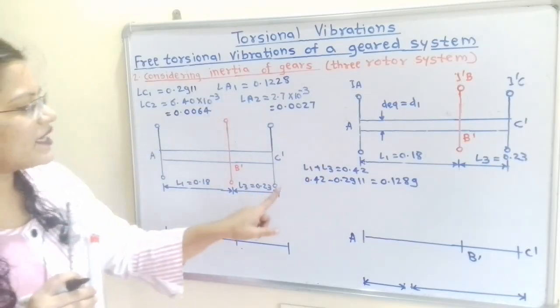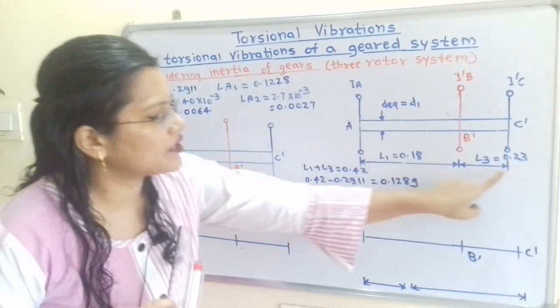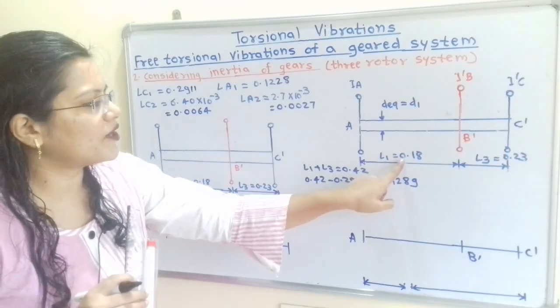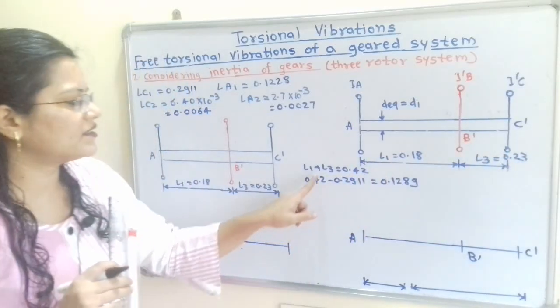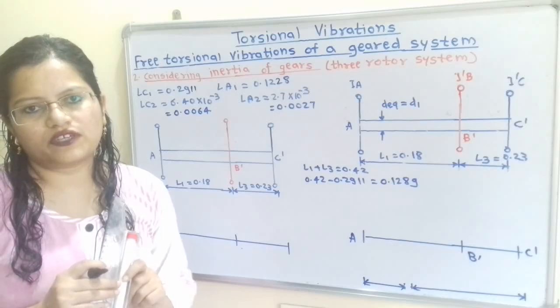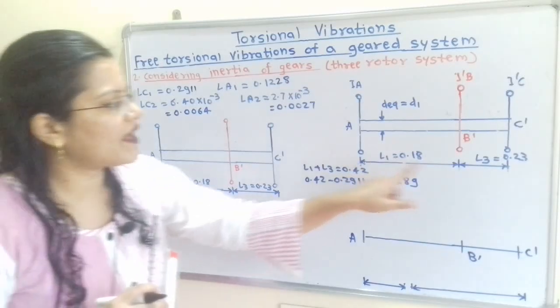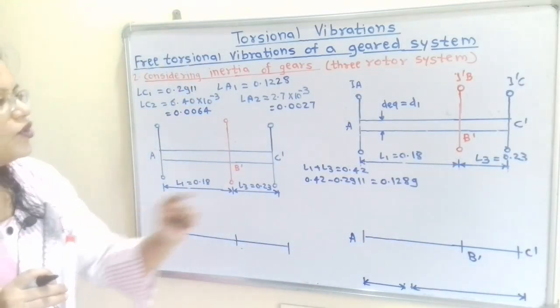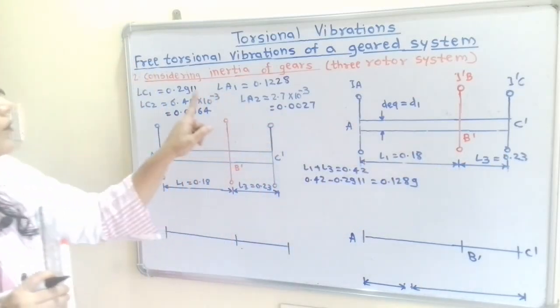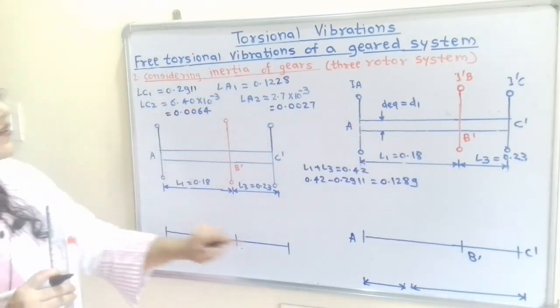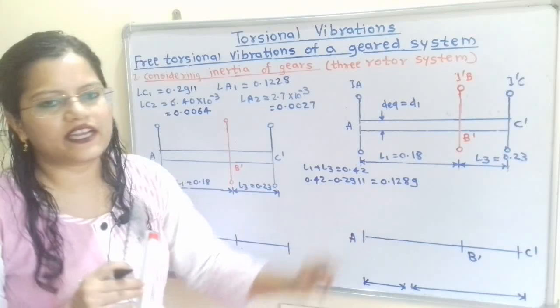So if we take the difference, this total equivalent length 0.18 plus 0.23, that is 0.42. This total equivalent length is 0.42. So this 0.42 minus 0.2911 is 0.1289.